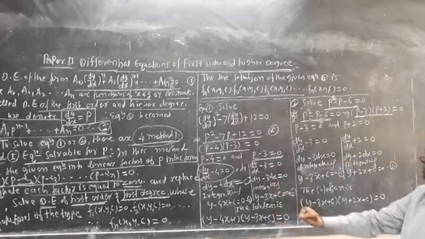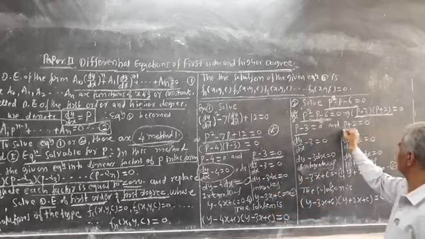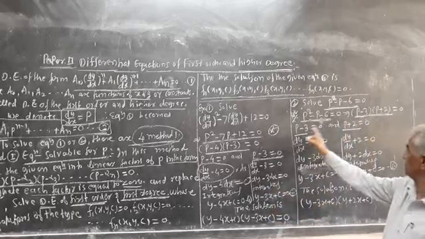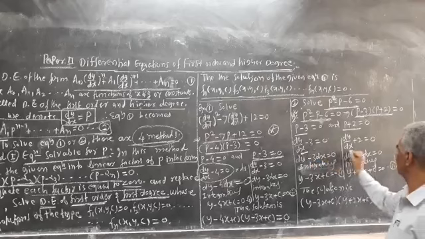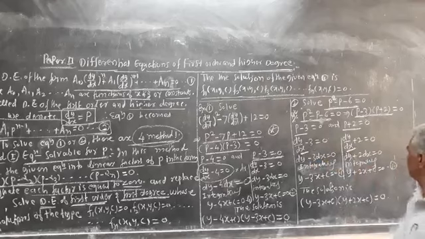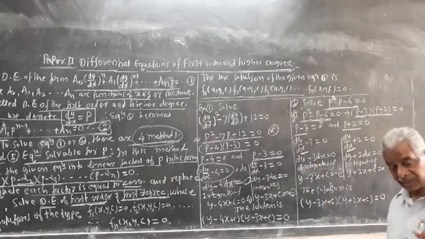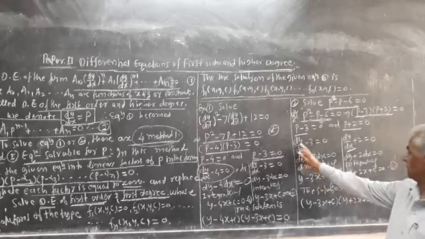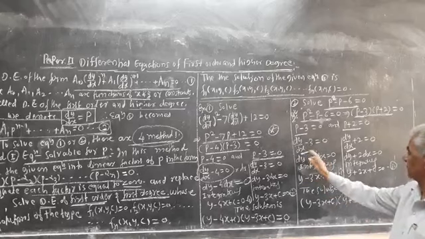Then the second step: take each factor equal to 0. Replace p by dy by dx, which gives differential equations of first order and first degree. Solve them. To solve, you separate the variables, multiply by dx.